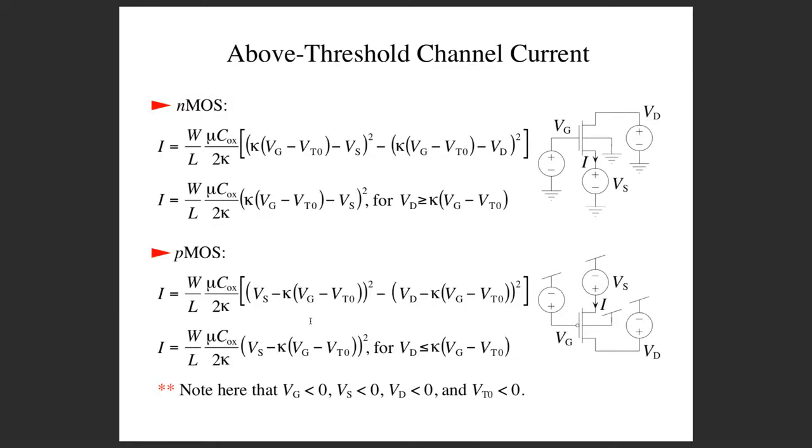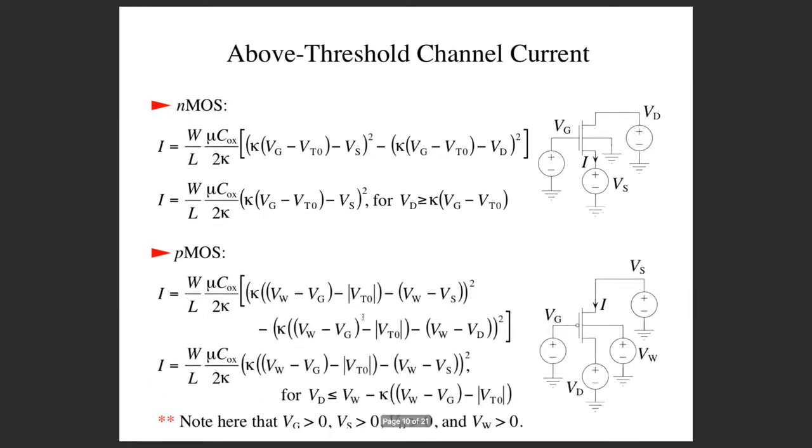For the PMOS, if we were instead to express the model in terms of gate, source, and drain voltages up from ground with some particular well voltage or bulk voltage, we'd have something that looks more like this, where every place up here in the NMOS expression we have a VG, we would put in the well voltage minus the gate voltage. For Vs, we put in the well voltage minus the source voltage. And for Vd, we put in the well voltage minus the drain voltage. Okay?